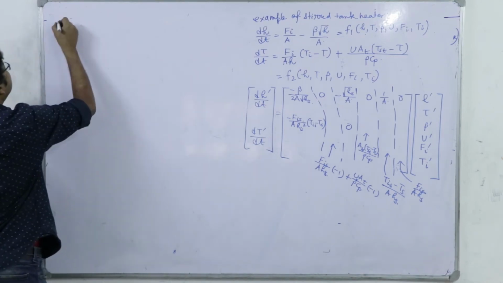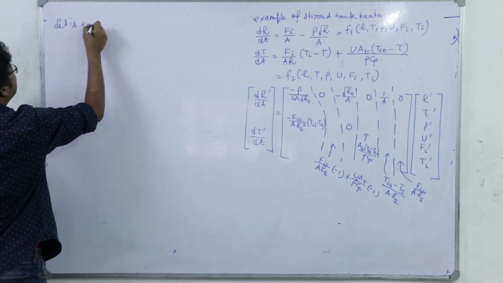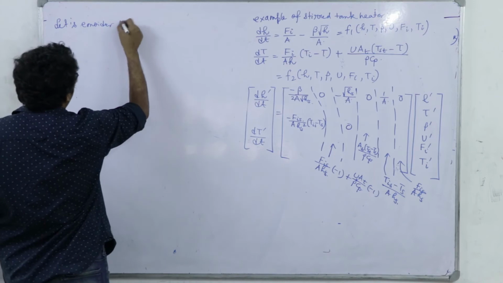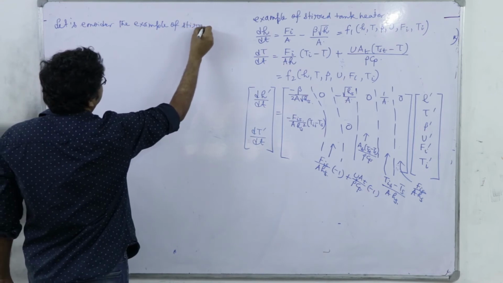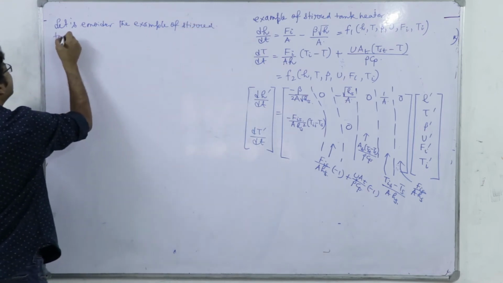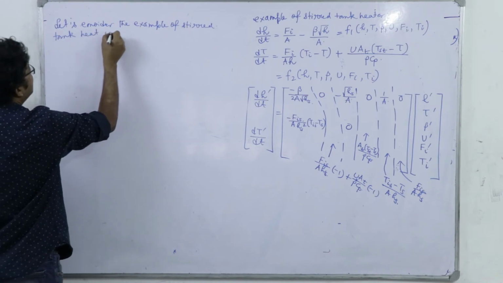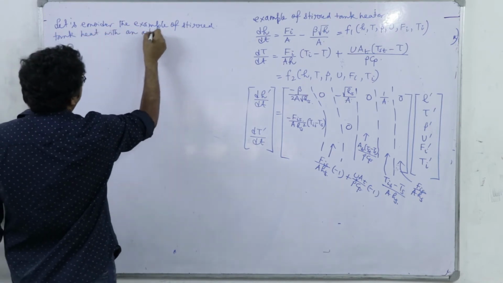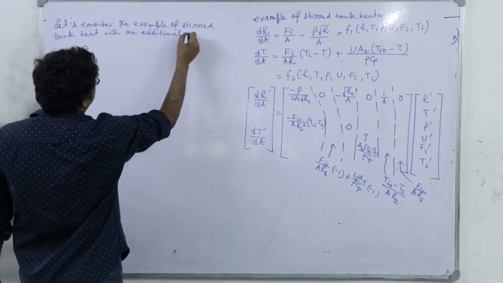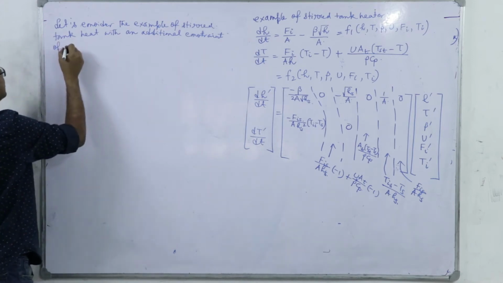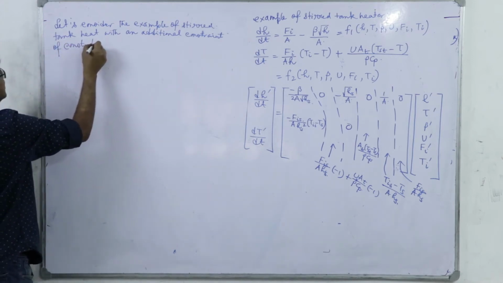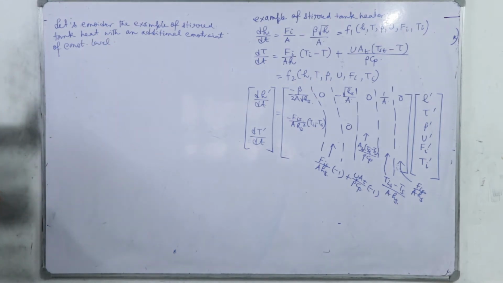So let's consider the example of the stirred tank heater with an additional constraint of constant level. This is an additional constraint, right? And that actually simplifies this equation.